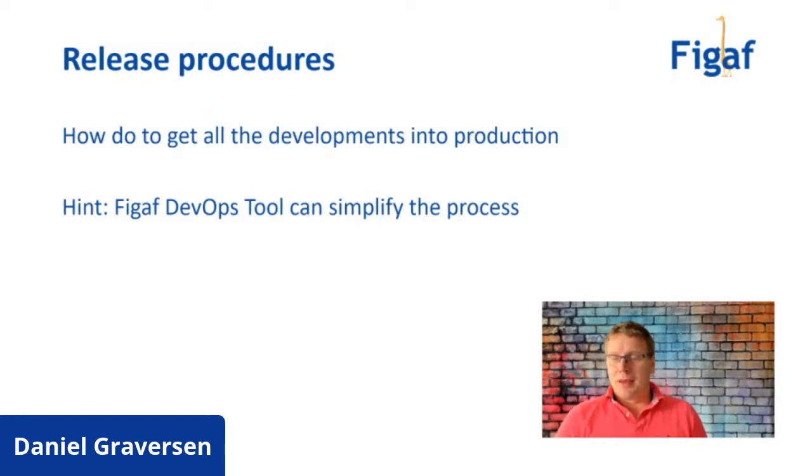And please give some background on it. I'd say that the best tool out there is probably the Figaf DevOps tool, which allows you to understand this and figure out how to deliver integration in a much more seamless way.